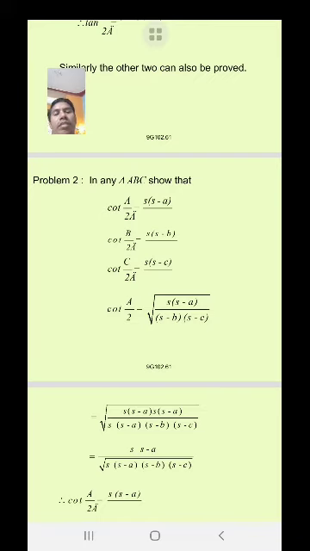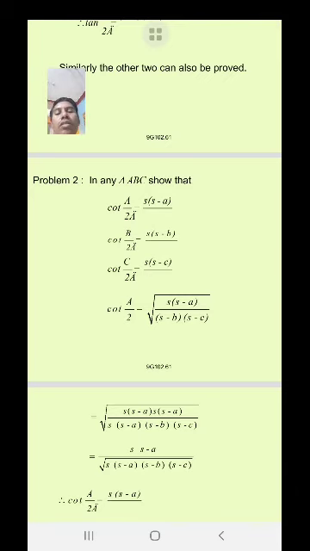So cos A by 2 equals s into s minus a by delta. Sorry, not cos, cot, cotangent. So cot A by 2 equals s into s minus a by delta, and cot B by 2 equals s into s minus b by delta, and cot C by 2 equals s into s minus c by delta. Here delta means area of the triangle. That should be remembered.